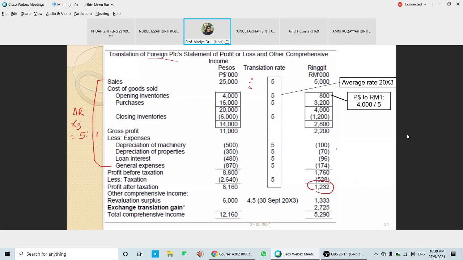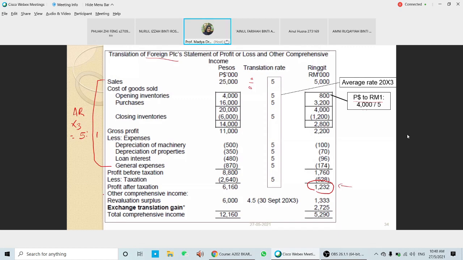This is how we're going to translate, and we divide because we want to translate from peso to Malaysian ringgit. I give you an example for the opening inventory: 4,000 divided by 5, so you're going to have 800 here. Now we are done with the items. So the profit after tax for X3 is 1232.